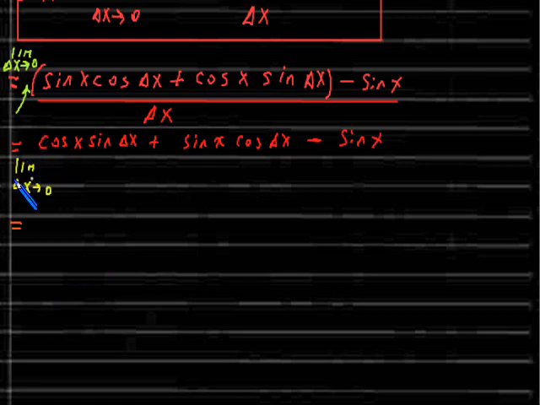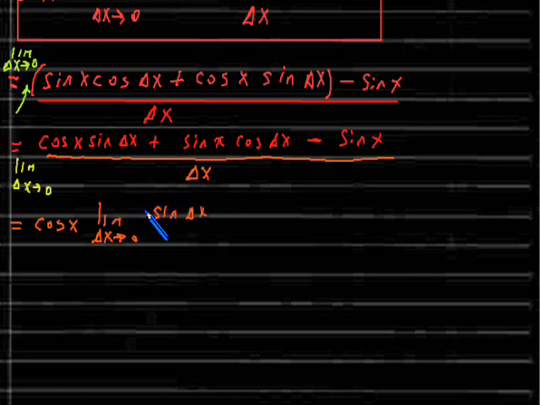So I can actually move the limit past the cosine of x. So this is going to be equal to cosine of x times the limit as delta x approaches 0 of, another silliness here, I forgot to divide this by delta x. So I'm writing here sine delta x divided by delta x.